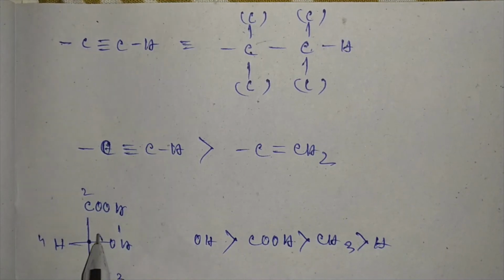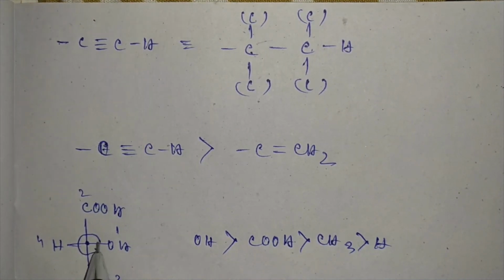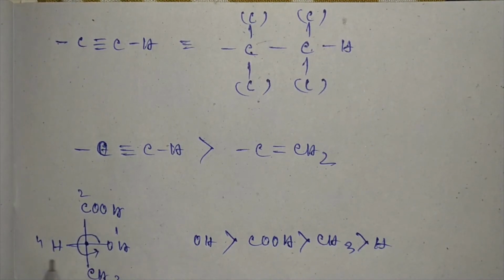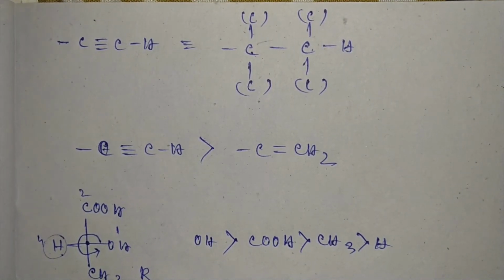So we have to follow this way, that is anti-clockwise direction. But this formula is represented in Fischer projection, and in Fischer projection formula, if the lower priority group is in horizontal position, then for anti-clockwise direction it will be R, and for clockwise direction it will be S. It is a rule.